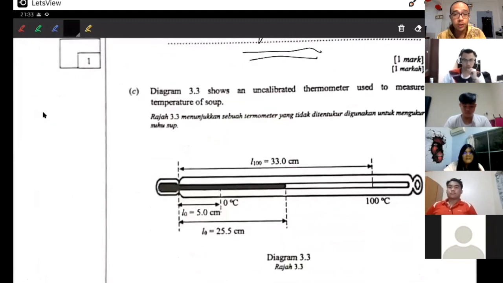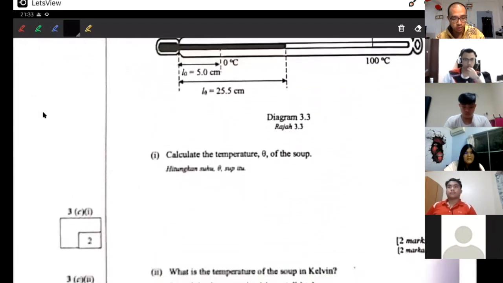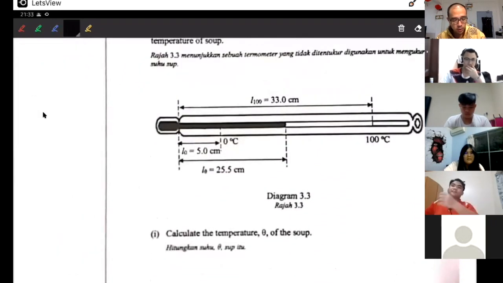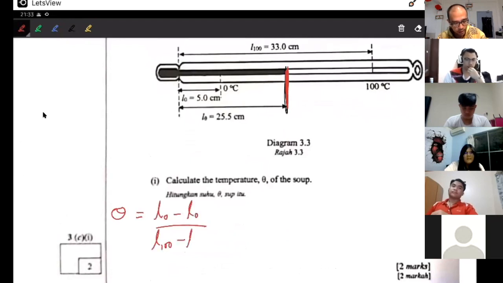Diagram 3.3 shows an uncalibrated thermometer used to measure the temperature of the soup. Calculate the temperature of the soup. So the temperature of the soup is here lah. This formula also is not a very popular formula. So the temperature theta equals L theta minus L0 over L100 minus L0 times 100.